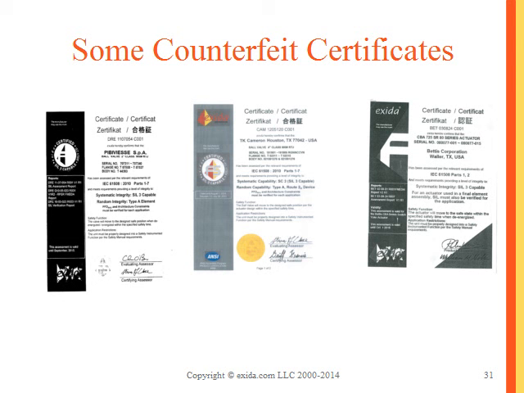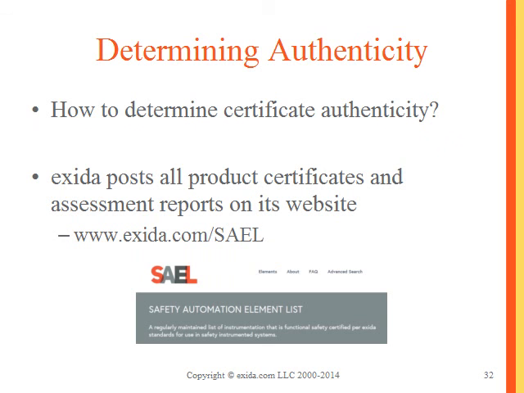So as an end user, what can you do? As I said, as part of our assessment scheme, we are required to publish all certificates and assessment reports. So how do you determine the certificate authenticity? You simply go to our website, www.exida.com, go to the Safety Automation Equipment list, and you find that product on that website.